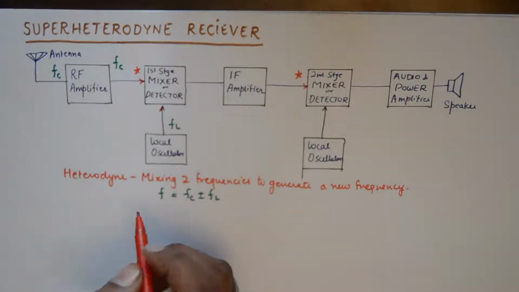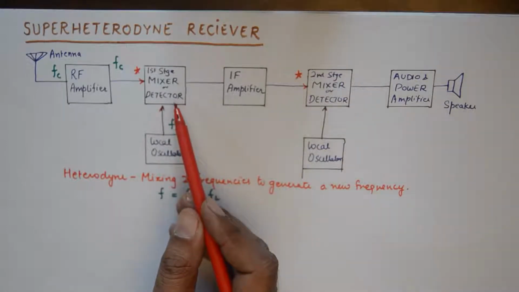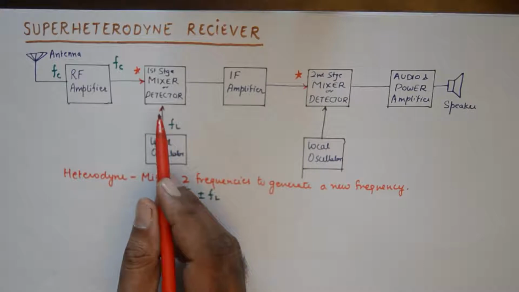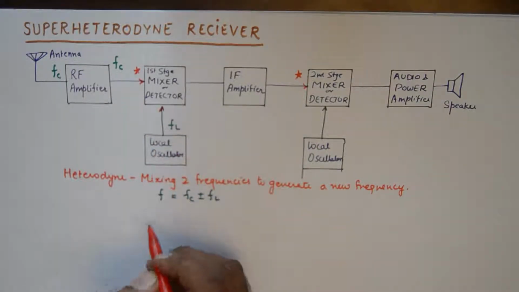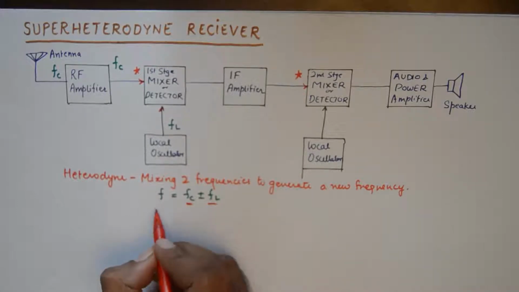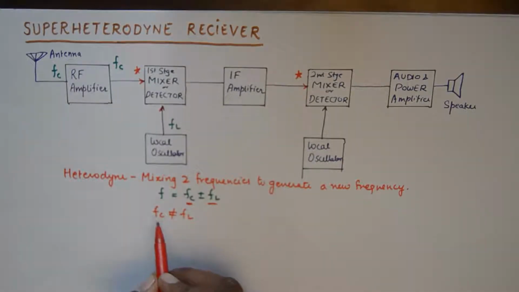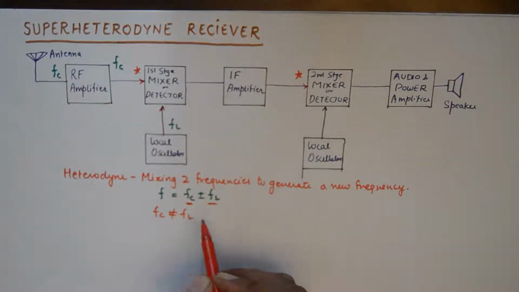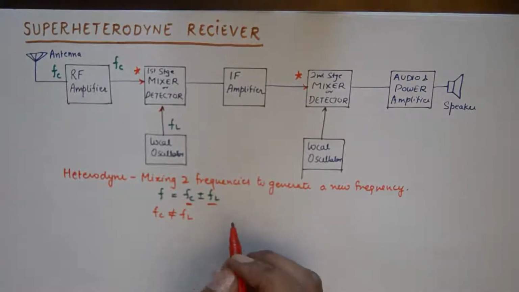The first question is, why is this mixer known as a heterodyne mixer? Because the two frequencies that we have chosen here, FC and FL, will not be equal. If these two frequencies are different, the output will be a new frequency, and this mixer is known as a heterodyne mixer.